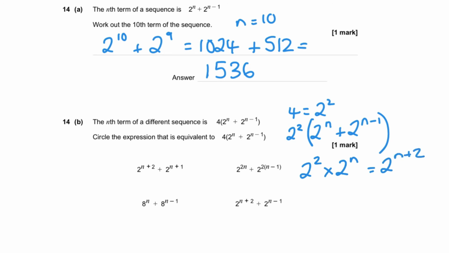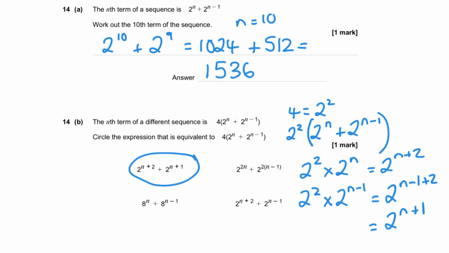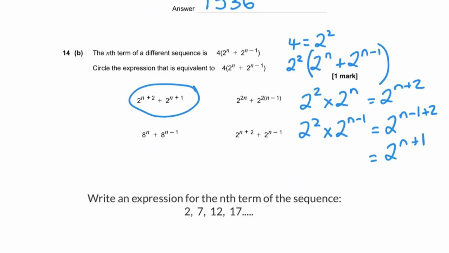And then the other half of the bracket, we've got 2 squared times 2 to the power n minus 1. So we need to do the same, we need to add the powers here. So we've got 2 to the power n minus 1 plus 2, so that's 2 to the power n plus 1. So this first expression is the one that we're looking for here.